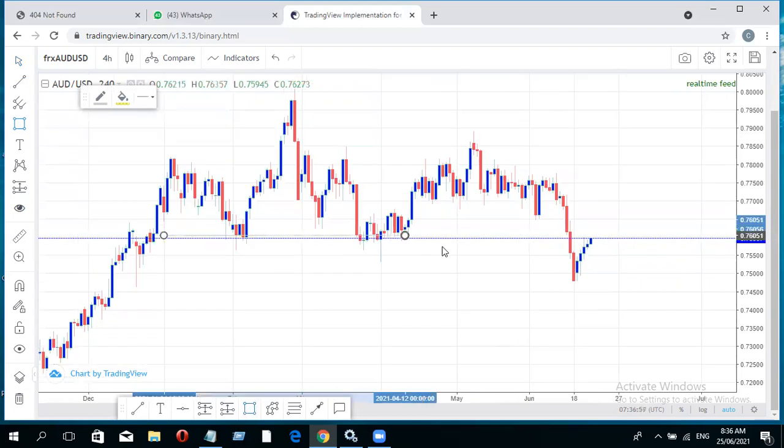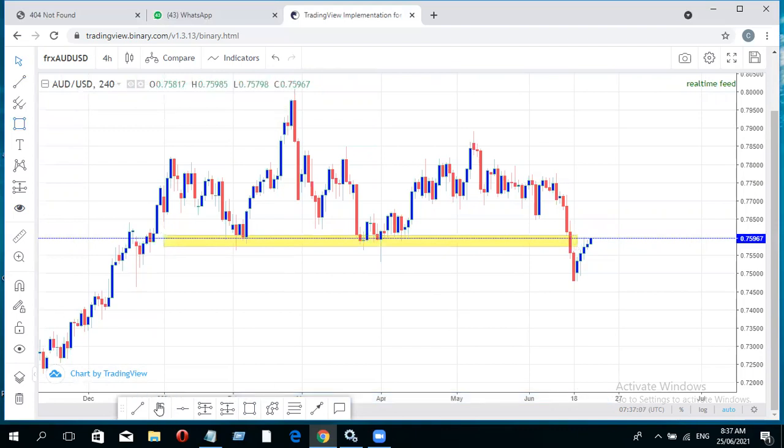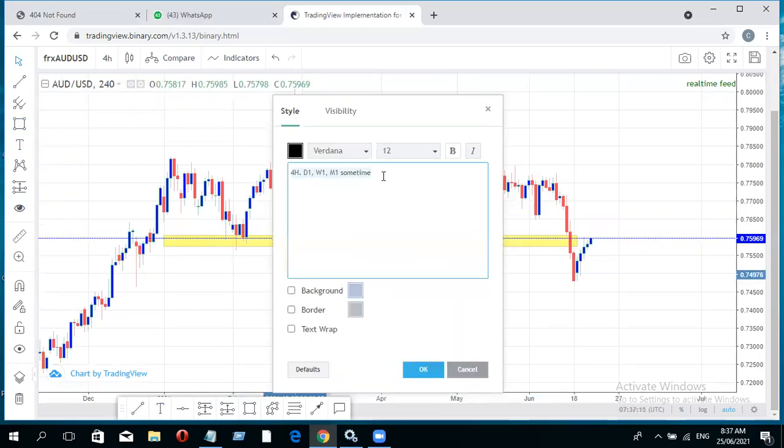Remember that I want to make a point that a support is not a line, it's an area. Let me just iterate that it's not a line per se, it's an area. A resistance, this is a mistake many people make.